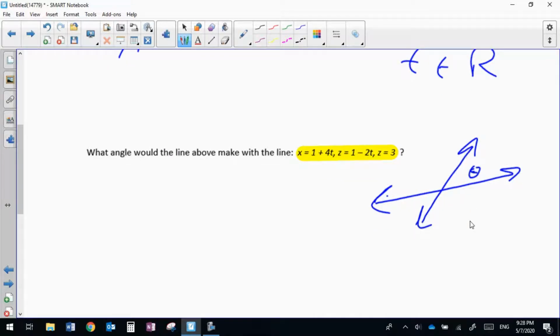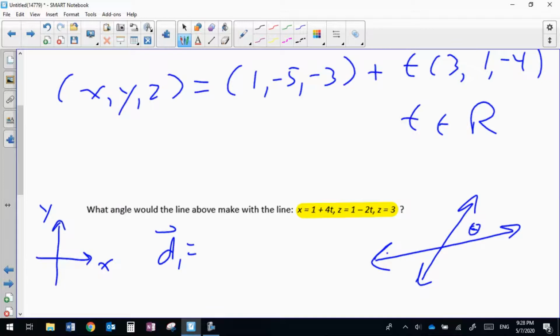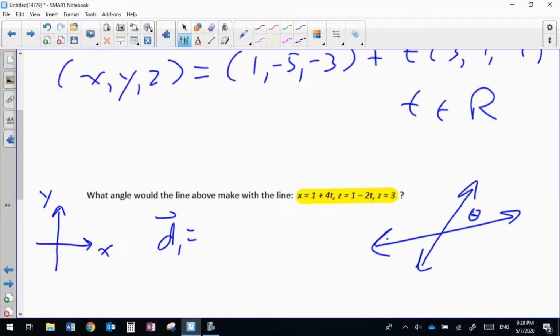If we want to find the angle of intersection between two lines, if you were doing old-fashioned lines on a plane in y equals mx plus b form, finding the angle two lines make when they intersect is a little bit of work actually. But using vectors, it's quite simple. Our first line has a direction vector equal to 3, 1, negative 4.